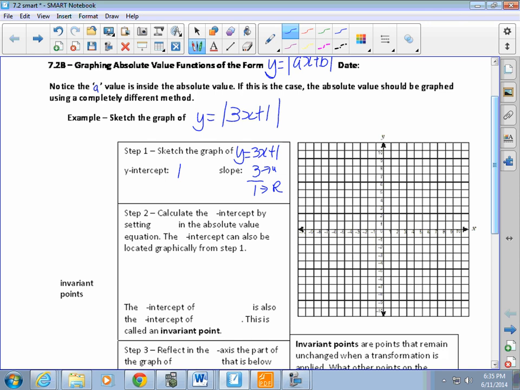My y-intercept was at 1, and then I go up 3 over 1. I could do a couple more just for you to see where the points would end up: up 1, 2, 3 over 1, up 1, 2, 3 over 1.